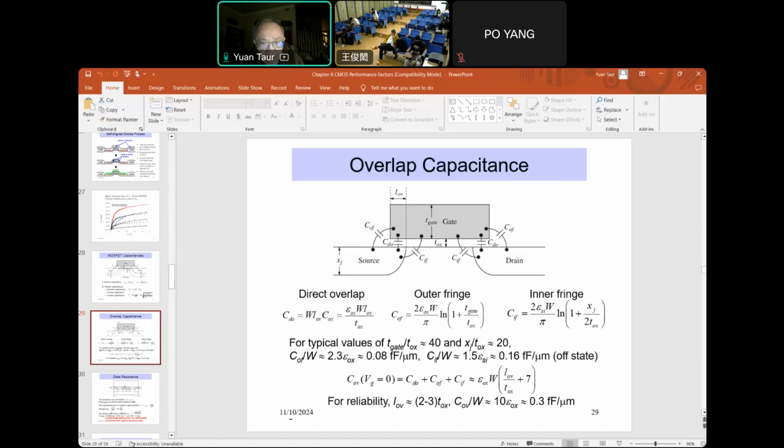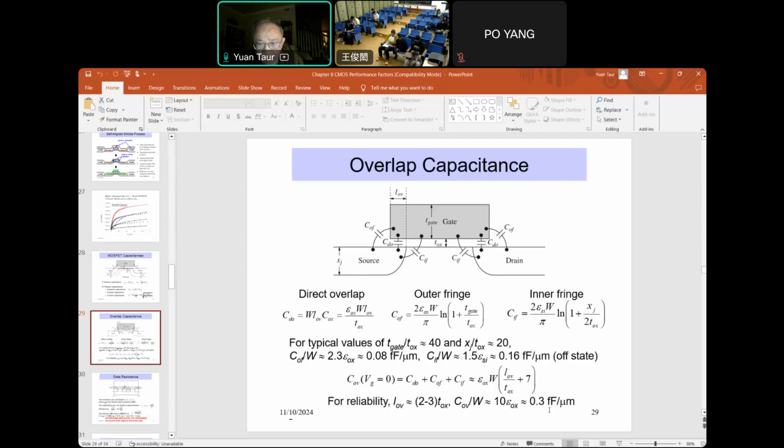Okay. So in any case, for a typical value of gate thickness and overlap length about 2 to 3 times T-ox, the overlap capacitance per width, of course, if you multiply by the width in the perpendicular direction, the capacitance goes up, is about 0.3 femtofarad per micron.